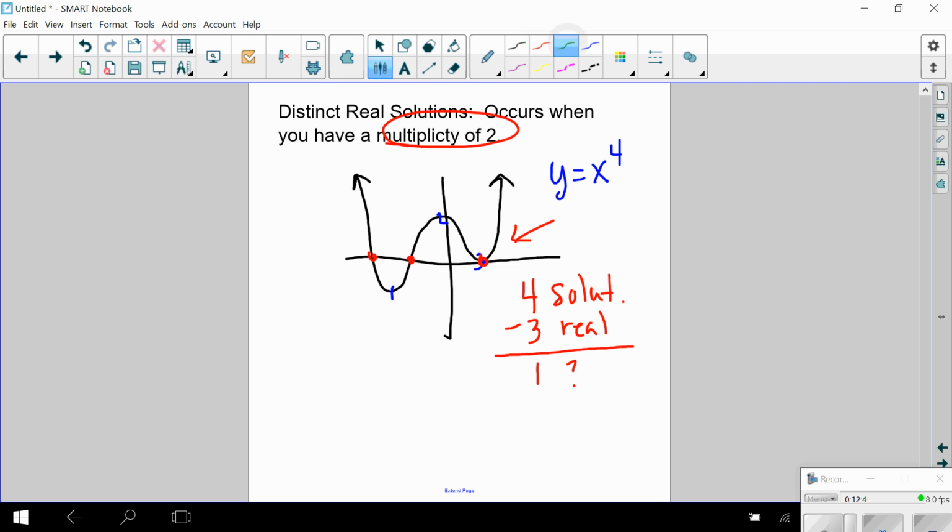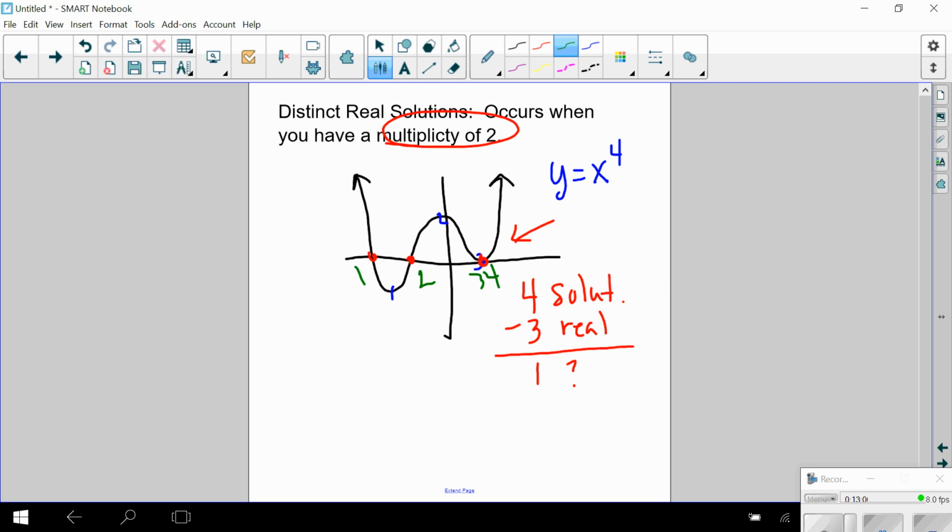So let me kind of back up here. That means I have 1 real solution, 2 real solutions. This dot right here counts as 2 because it has a multiplicity. So I do have 4 solutions. But we don't want to say that solution twice.